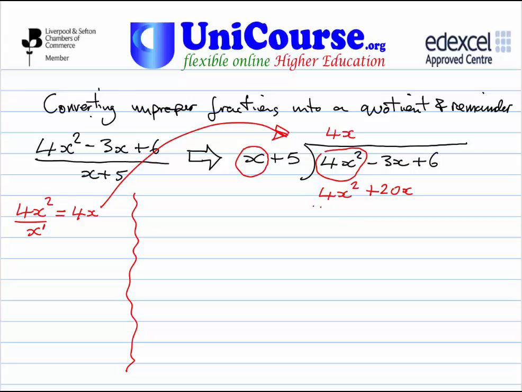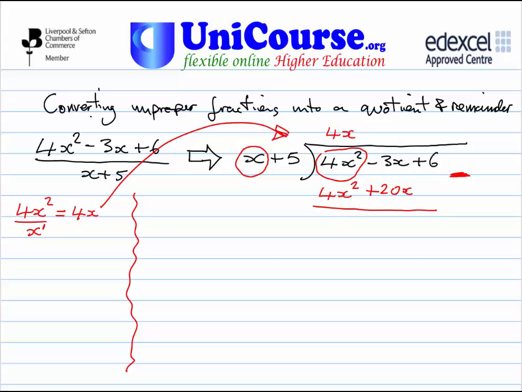There it is. So we stick a line in below, and we put a nice broad minus sign in to remind ourselves we're doing subtraction. And then we do 4x squared take away this 4x squared, which gives you nothing, so we just leave some white space. Then we have minus 3x take away 20x.